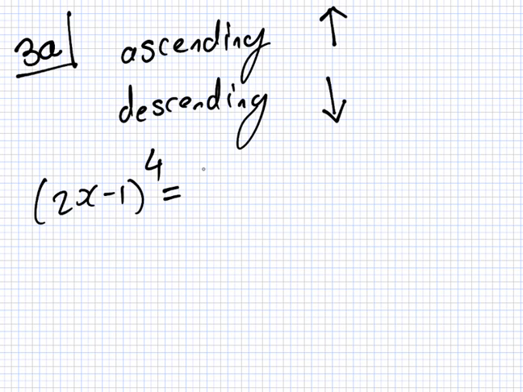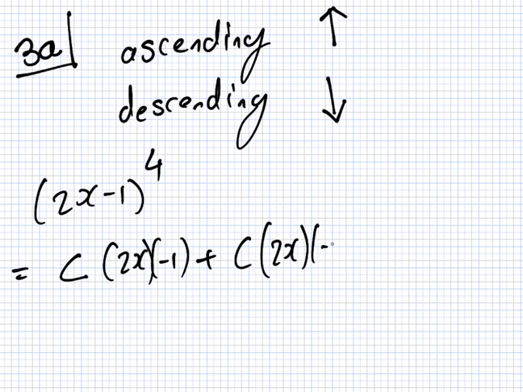Just like the last example, I have my C, (2x minus 1). Let me write this on the next line: C(2x minus 1) plus C(2x minus 1) plus C(2x minus 1), and they only want the first three.